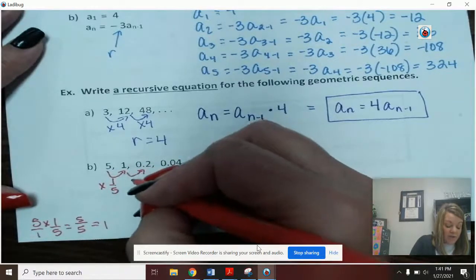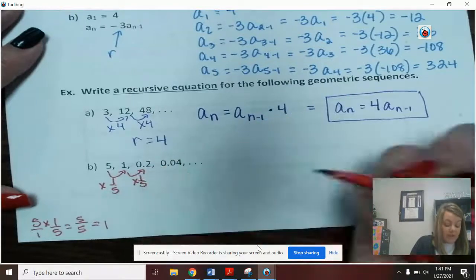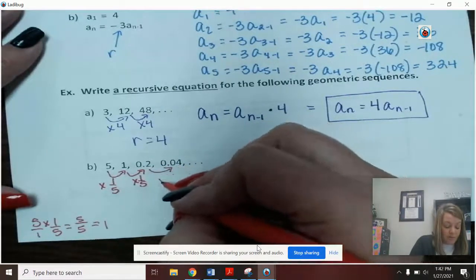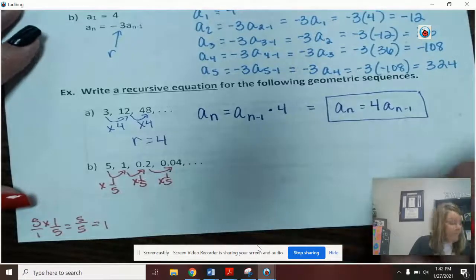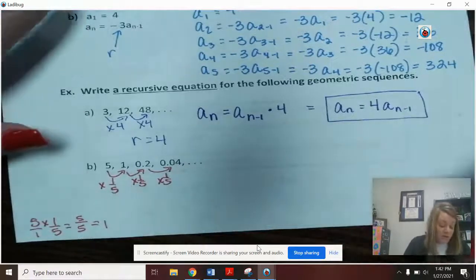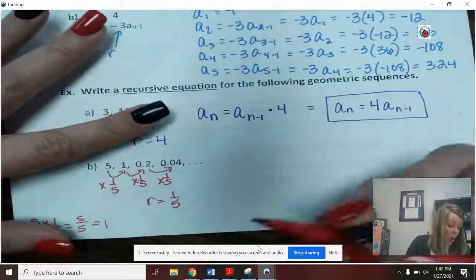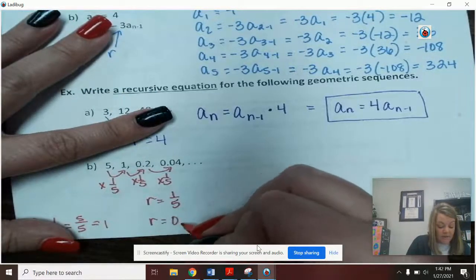So 1 times 1/5 gets me to 0.2 because 1/5 is 0.2. So times 1/5 again. So that all works just fine. That means my r is either 1/5, or you can say r is 0.2.